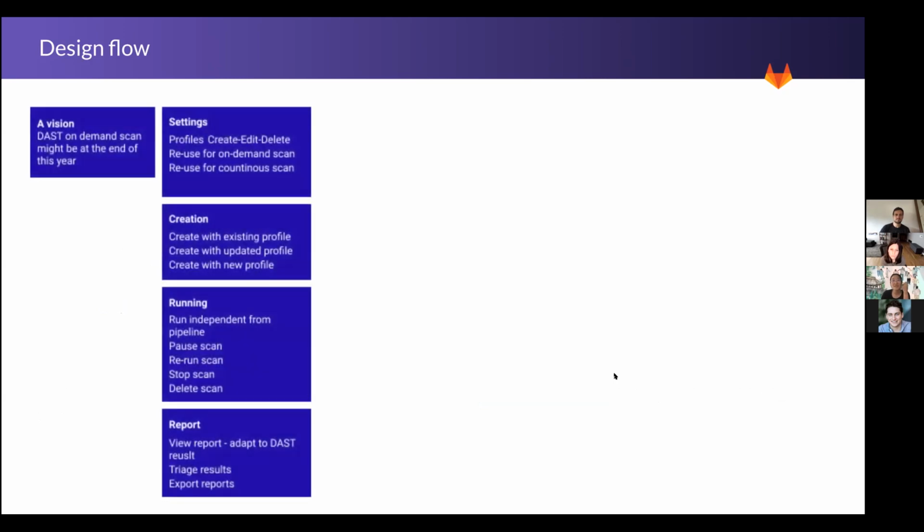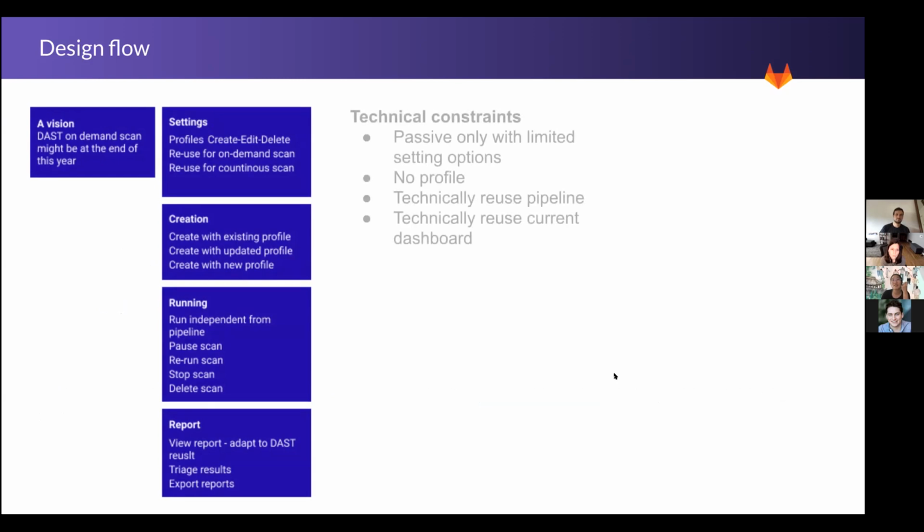So for the design flow of this quite complicated new feature, I start with the product manager mapping out a vision of all the features we need and want. And as GitLab, we do iterative small steps to create an MVC. We don't want something that will take a year to develop.